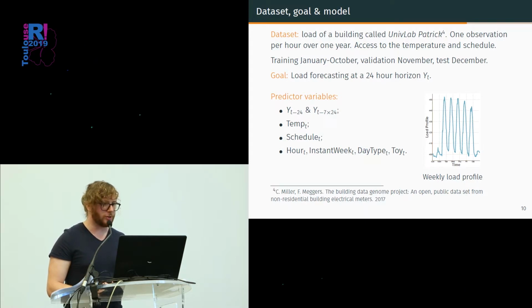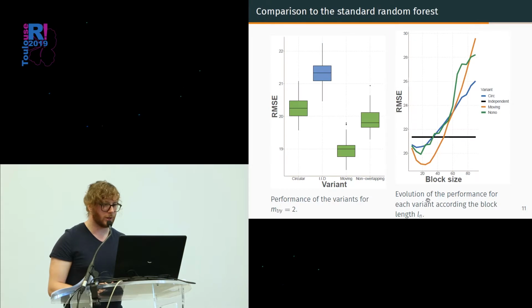The goal here is to forecast at the 24-hour horizon, which we denote here by YT. To predict YT, we use the consumption the day before and the week before, and the temperature at time t. We suppose we know somehow the future for the temperature, the schedule, and some other calendar variables.